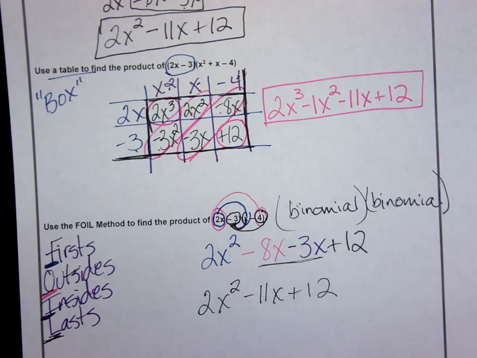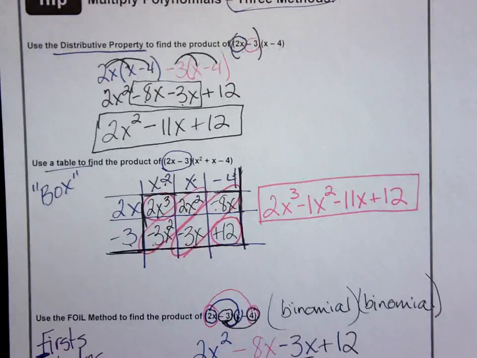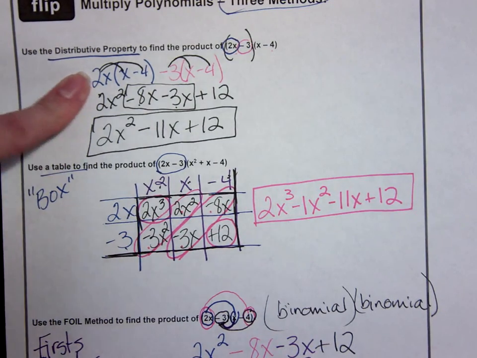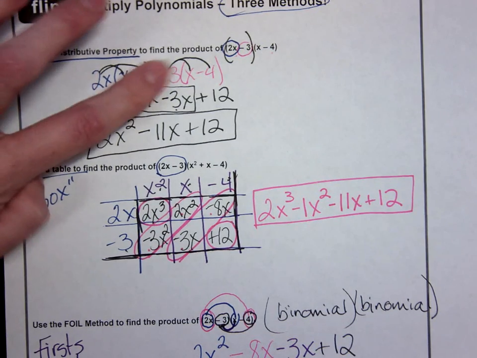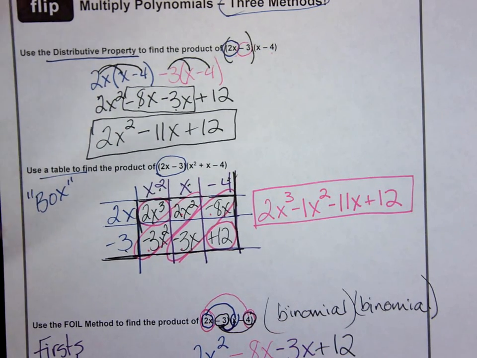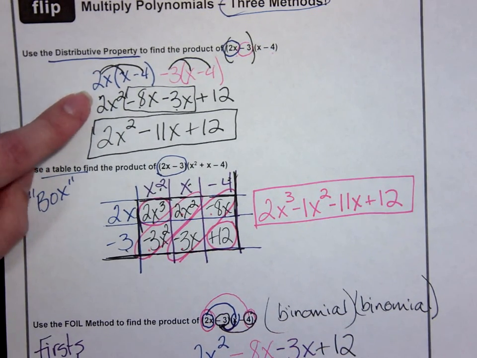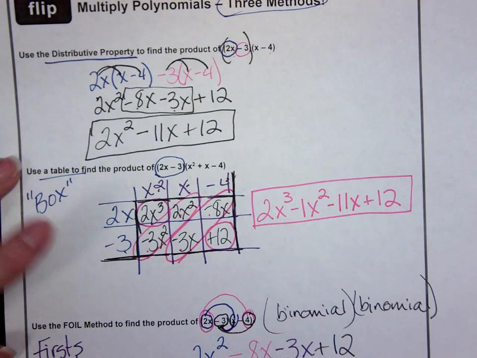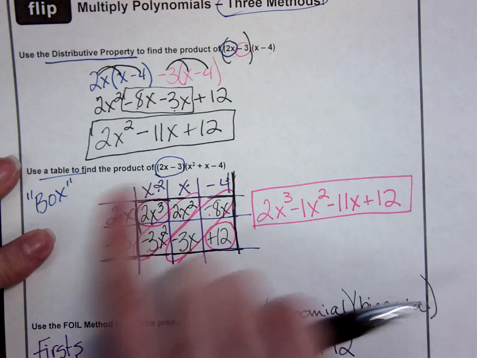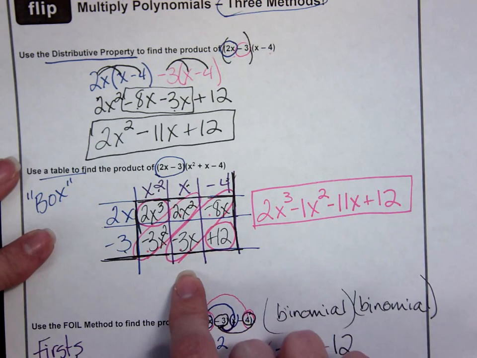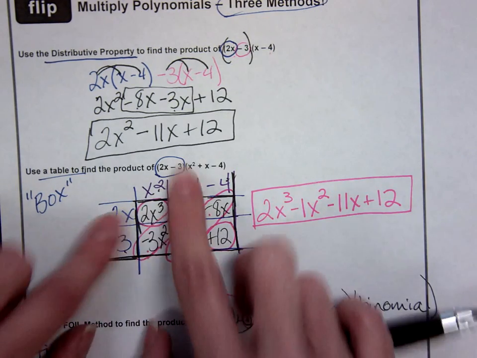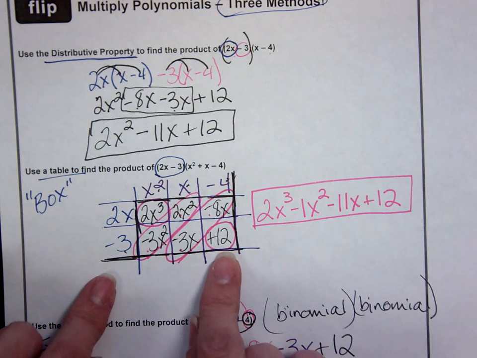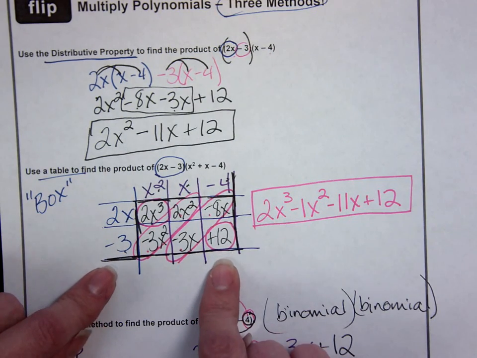Okay, so 3 methods. I can separate and distribute twice. I want to probably draw the lines just to make sure I don't forget anything. It's not required, but you do need to keep organized so that you simplify correctly. Okay, the table or the box method, a really straightforward way to stay organized, and then you just fill it the same way you did the old times table when you were learning multiplication.